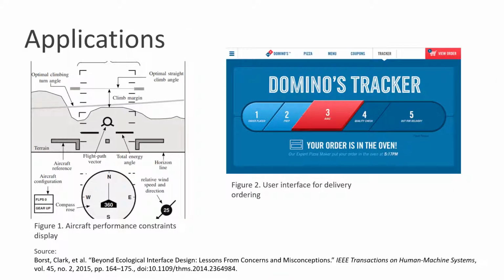EID can be applied in a variety of systems. Some examples I came across were computer network management, medical anesthesiology, military command and control, and aircraft displays. So here you see the second figure of the Domino's tracker. This can be misconstrued as ecological design because the user is seeing the whole process, they're getting updates along the way, but in reality, this is more user interface.